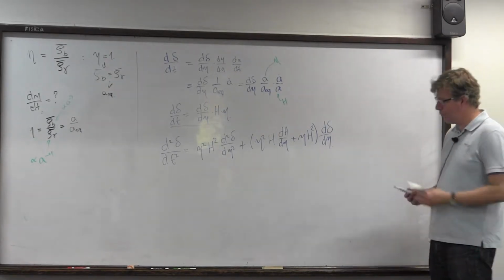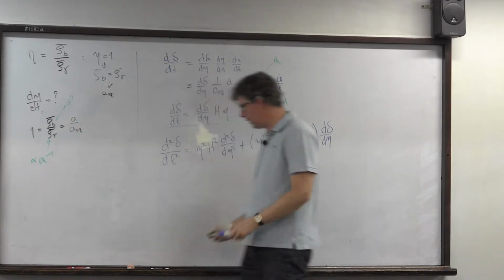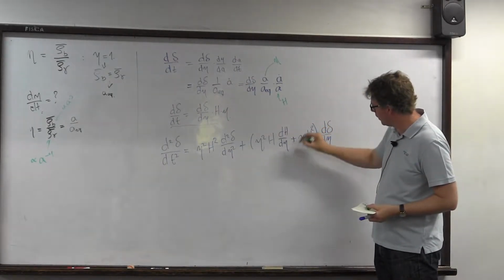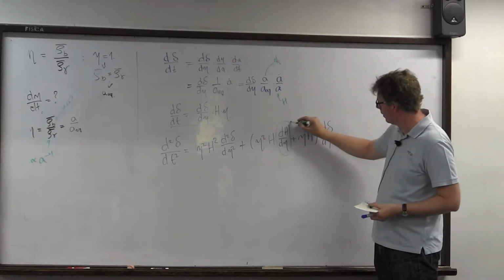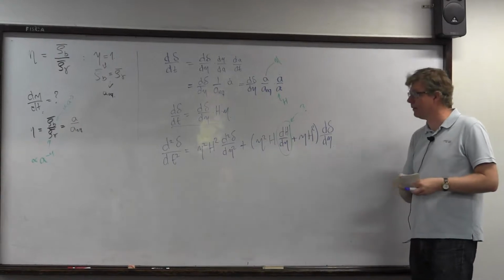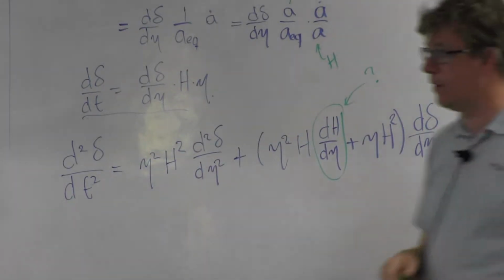Okay, so now there are a few things, and now it's where you have to go back a little bit to put some more physics in. So firstly, we need to get some expression for this here. And the whole trick now is, of course, to go back and use the Friedmann equation.